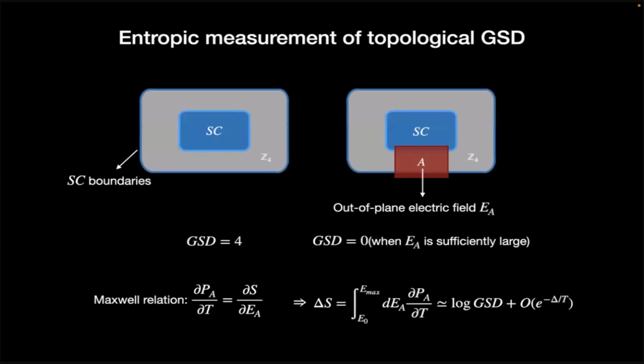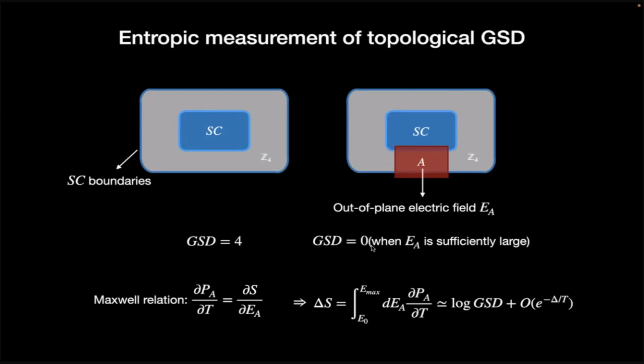Okay. So here is something that may answer Liujun's question. We propose that it's actually possible to measure the ground state degeneracy by an entropic measurement. If we consider this annulus geometry again, for this geometry we have fourfold ground state degeneracy, and if we apply an out-of-plane electric field in this region A, when the electric field is large enough, this region can be trivialized, and then the remaining region is essentially a disk.